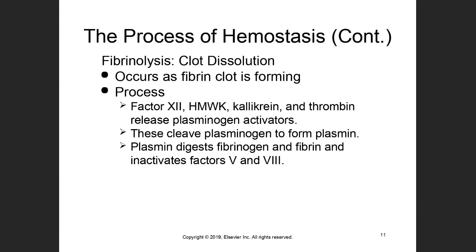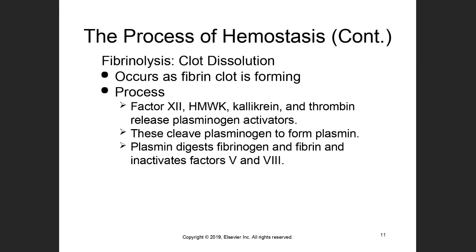Because if you don't dissolve that clot, then at one point it's going to be released and can produce thromboembolism, okay? Obstruction in one part of your body, and that produces an infarction, okay? Could be in the lungs, in the heart, any part of your body that may have obstruction of the blood. Okay, the process: factor 12, those are the ones released by plasminogen activator to dissolve the clot, okay?